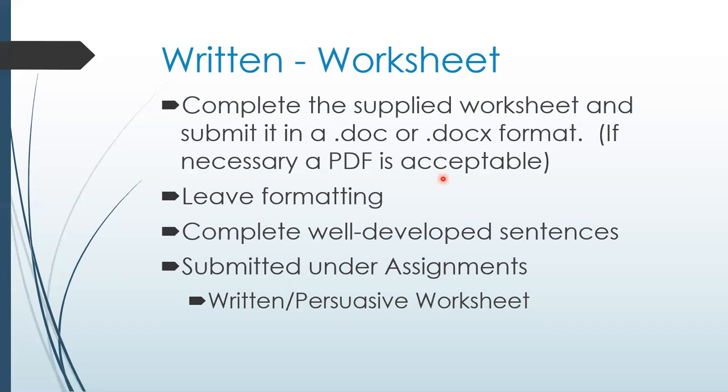Put your information in complete, well-developed sentences, and then you're going to submit this under assignments, under the written portion, under the persuasive worksheet. So it's got its own little folder where you want to submit this. I do have separate rubrics that go along with assignments, so it really helps me if you're submitting information in the right locations so that I have things set up properly and the right information to be able to score what you're delivering.